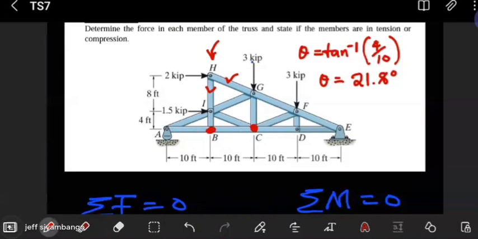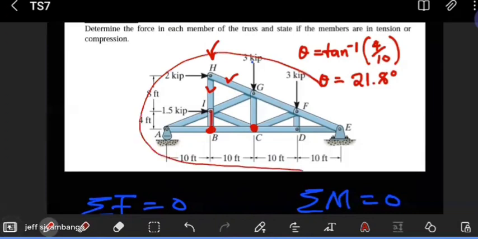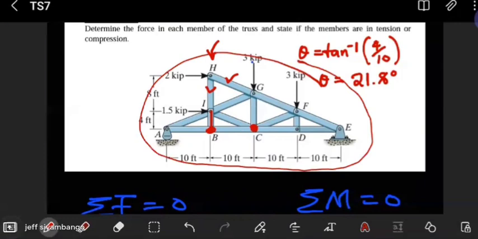Yeah. Zero force member, that one, the straight one. BI. Yes. In this case, we expect BI to be a zero force member. Can you observe this structure and identify another zero force member here? DF. DF, right?